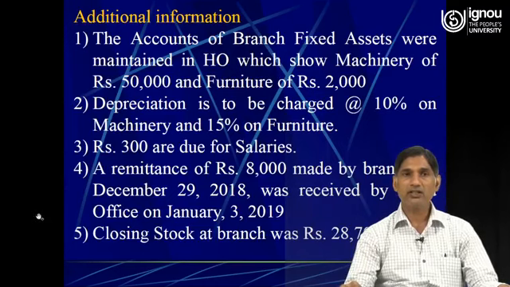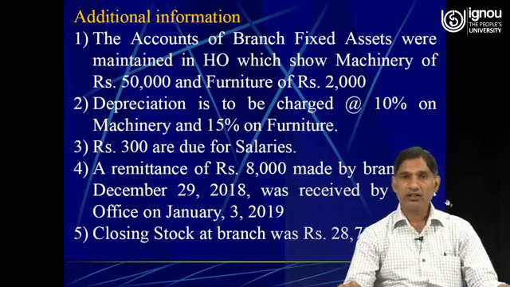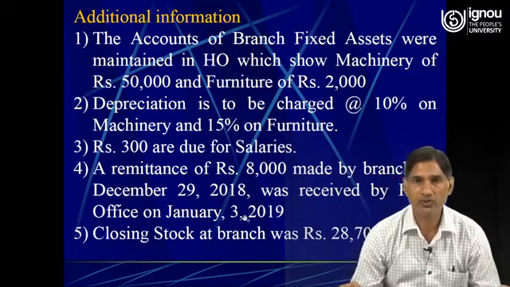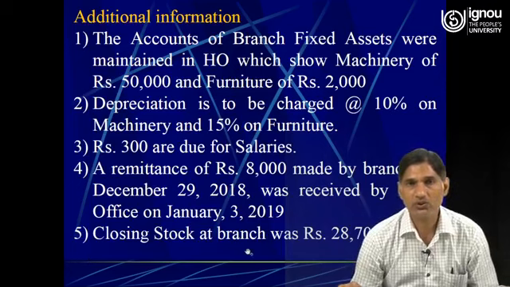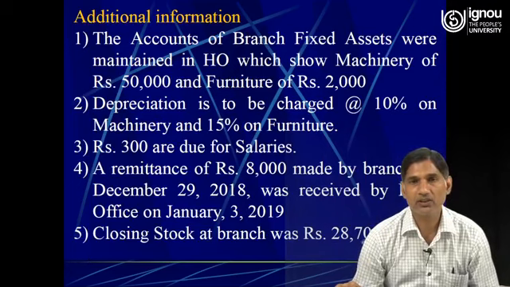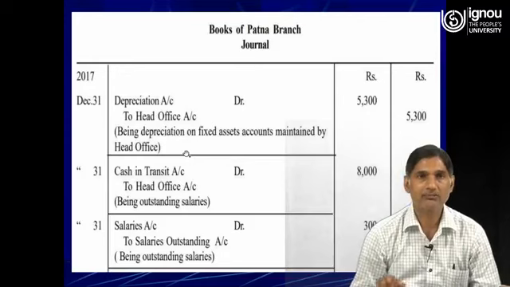A remittance of rupees 8,000 made by branch on December 29, 2018 was received by head office on January 3, 2019. So this is the cash in transit. Closing stock at branch was 28,600. These are the additional information provided along with the trial balance.